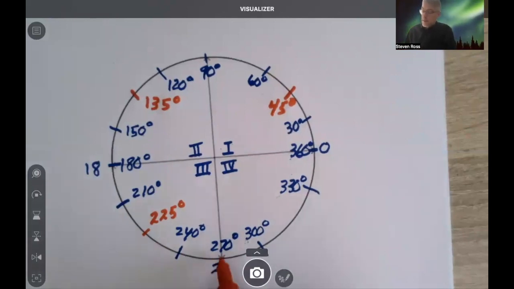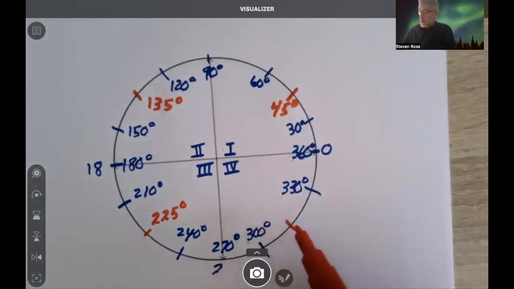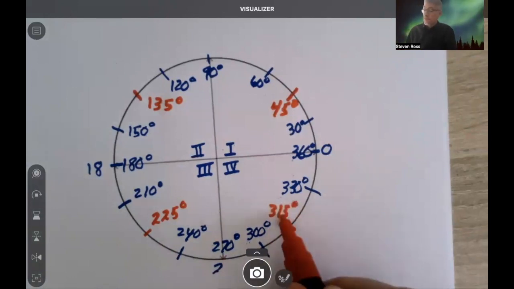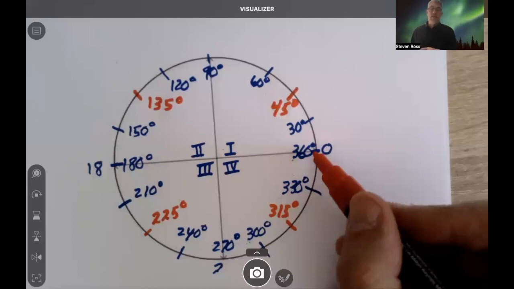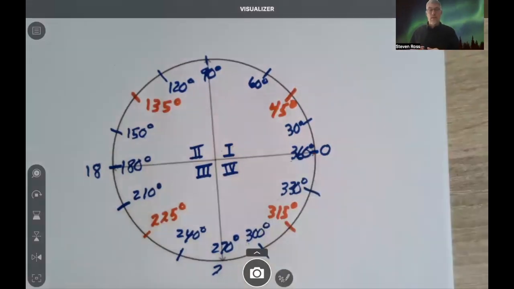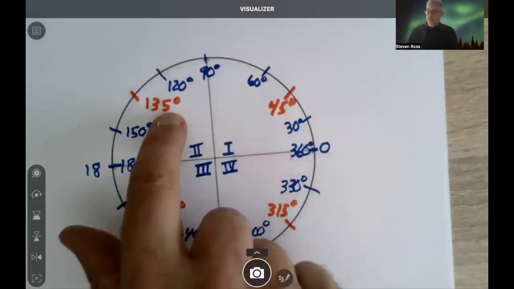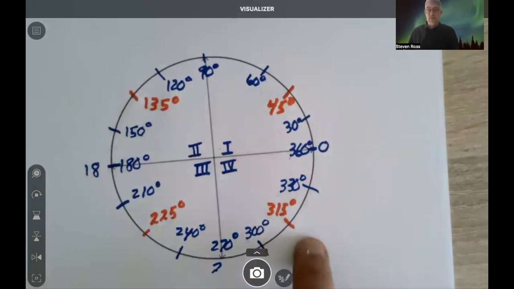And 270 plus 45 is 315 degrees. Then we add 45 more and that gets us back to 360. So those are our 45-degree angles: 45, 135, 225, 315.